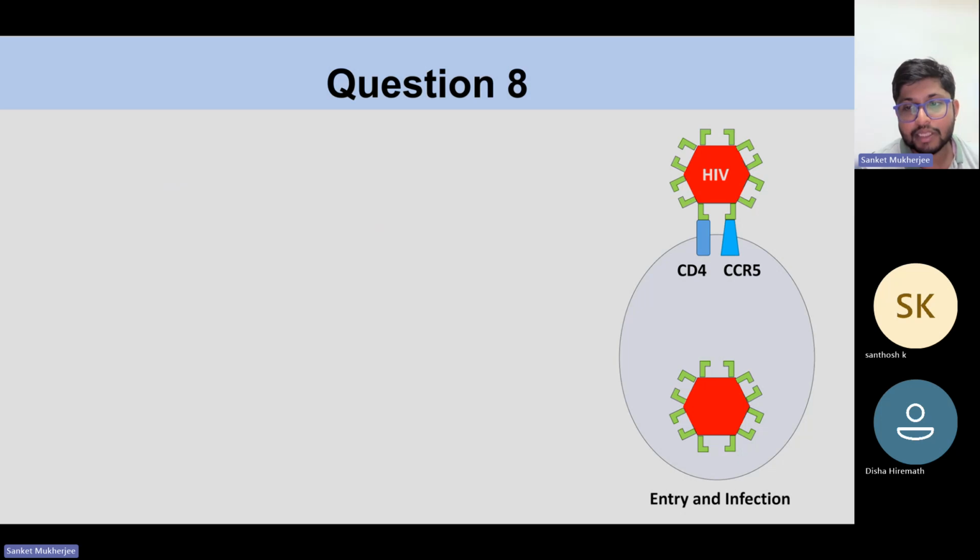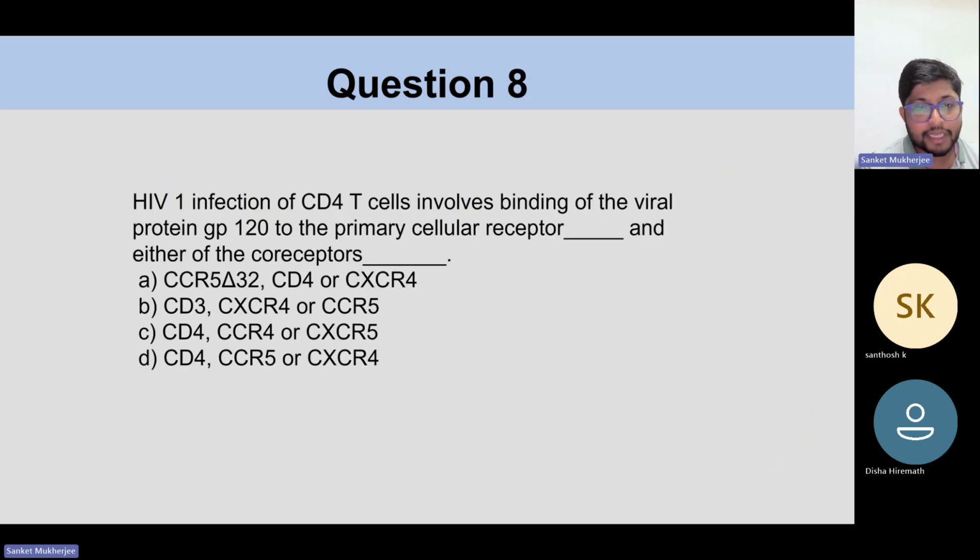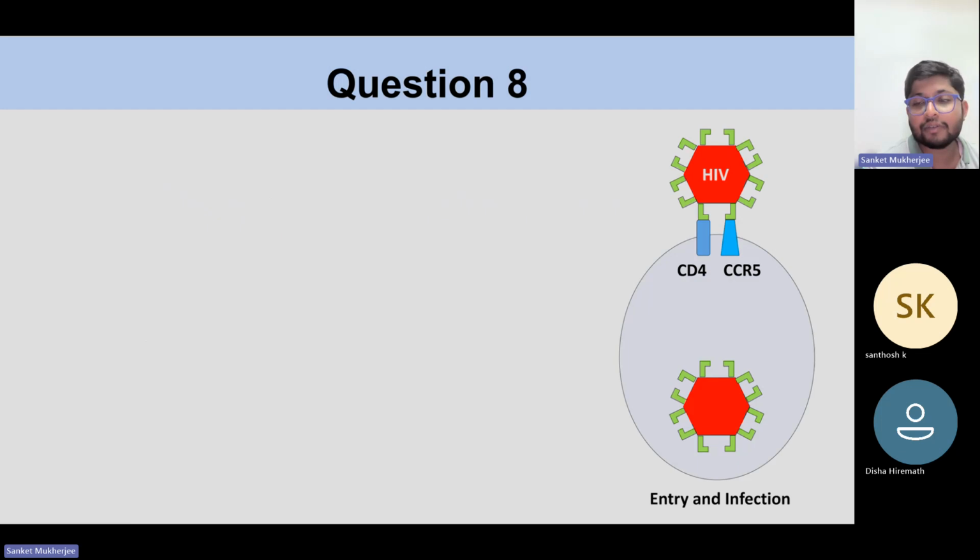CD4 is the primary receptor and CCR5 or CXCR4. So option B would be the answer. Actually, yeah, option D will be the answer: CD4 and CCR5 or CXCR4. These are the co-receptors which are used for the entry of HIV into the T cell.